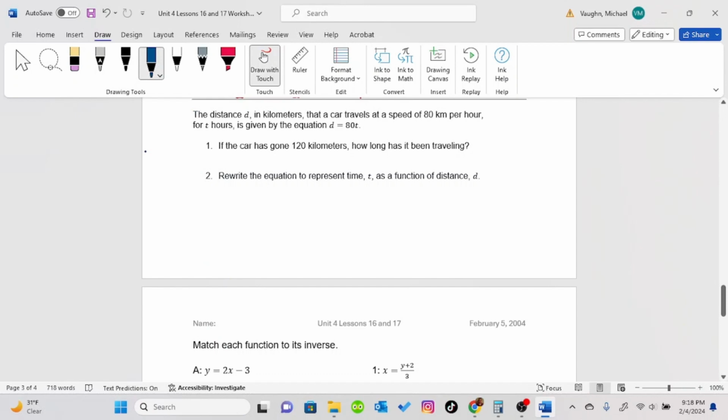The distance d in kilometers that a car travels at a speed of 80 kilometers per hour for t hours is given by the equation d equals 80t. If the car has gone 120 kilometers, how long has it been traveling? So we substitute the 120 kilometers in for d, and that equals 80t.